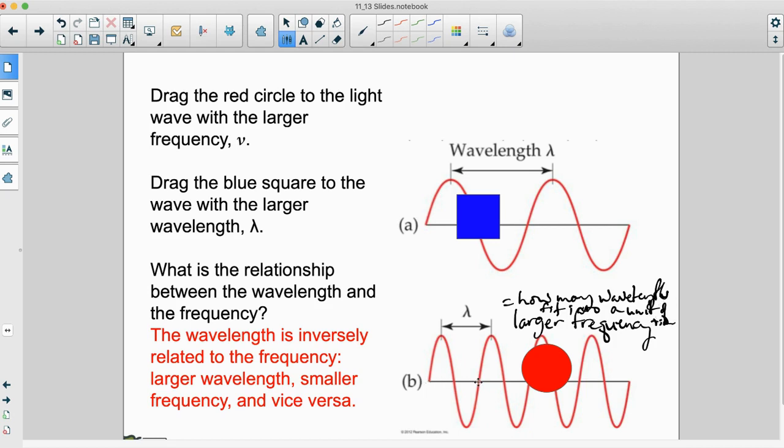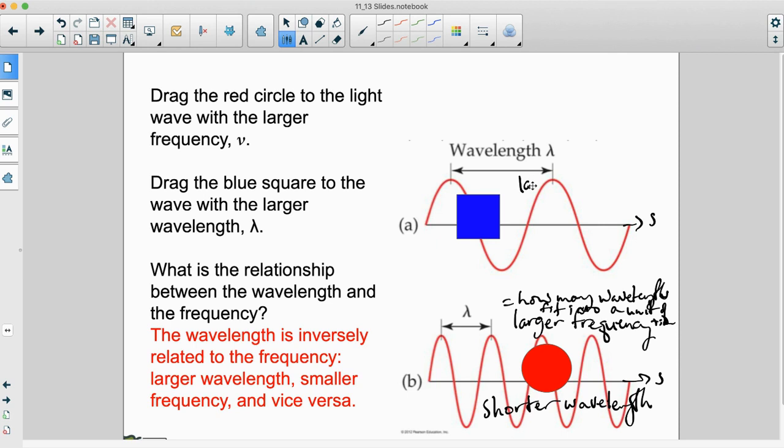So if you consider this to be like seconds, and seconds pass by, you can see that more wavelengths fit in B than in A. So the frequency is higher here, but this has a shorter wavelength. Shorter wavelength, higher frequency.